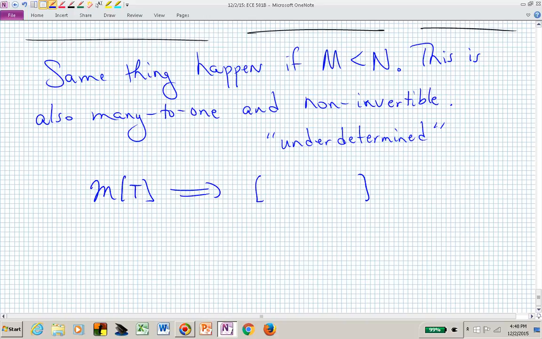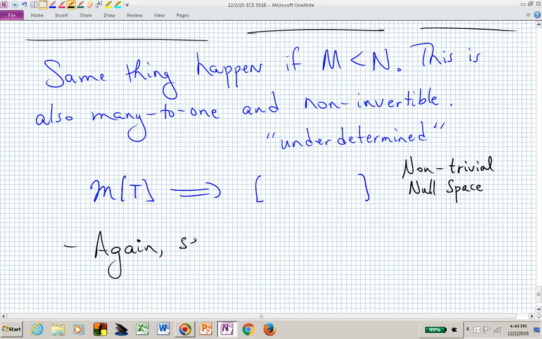And it should be clear this has a non-trivial null space. But even under this condition, we still want to find the best W hat. Since we have a non-trivial null space, we have many different W hats, and we want to find the one that's the smallest in norm.